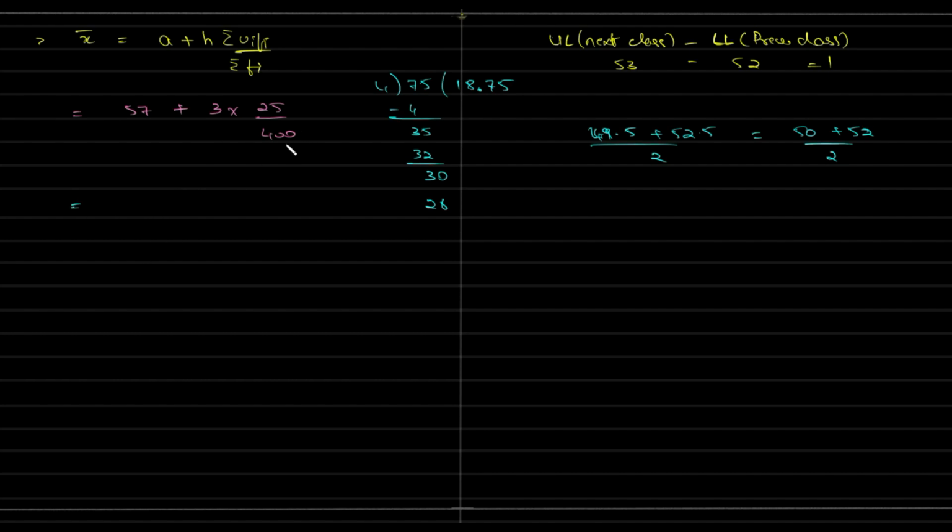Quite simple, right? 75 divided by 400, which is 0.1875. So 57 plus 0.1875 is 57.1875.